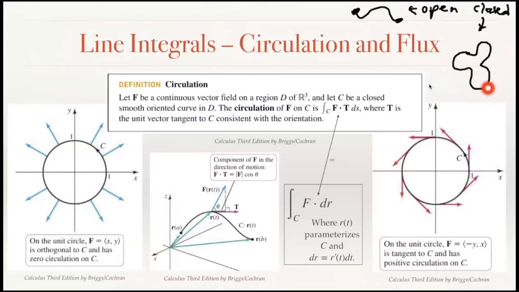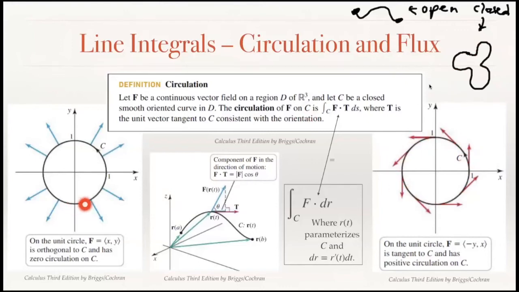And a path integral along an oriented closed curve of a vector field is called the circulation of F on that closed curve. And what the circulation computes is the total contribution of the vector field in the direction of the oriented closed curve. So here, with this counterclockwise orientation, we would have a positive circulation resulting from this vector field.